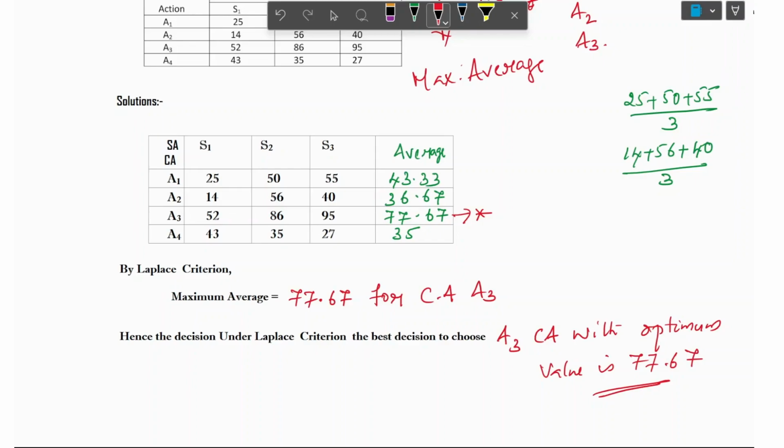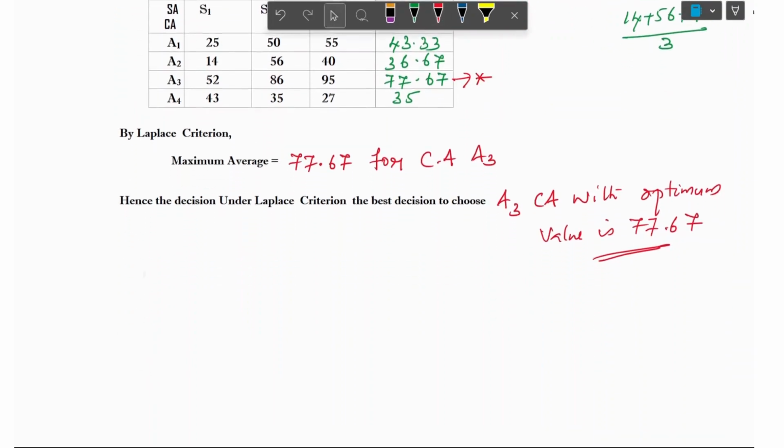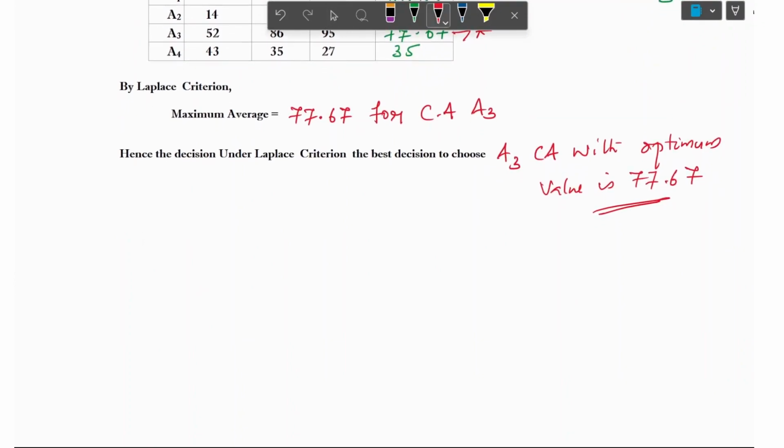Here students, I showed you all four methods, that is Maximax, Maximin, Minimin and Laplace criterion. Sometimes in a 5 marks question they will ask you two methods together, for example Maximax and Maximin.